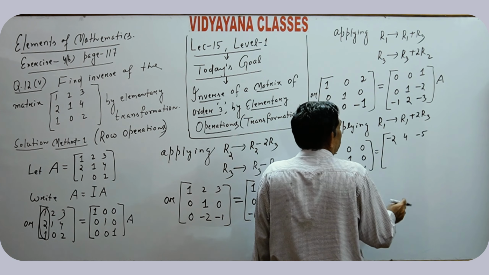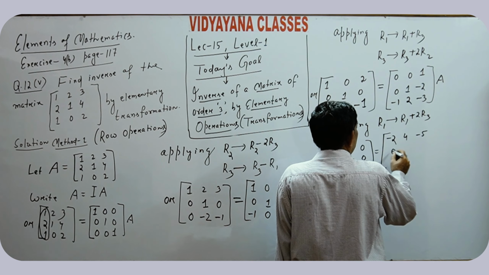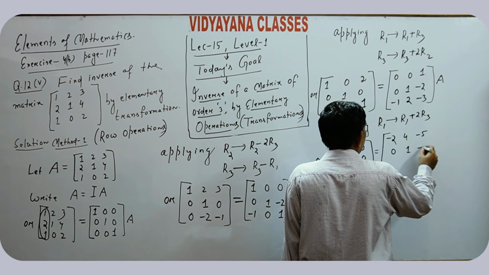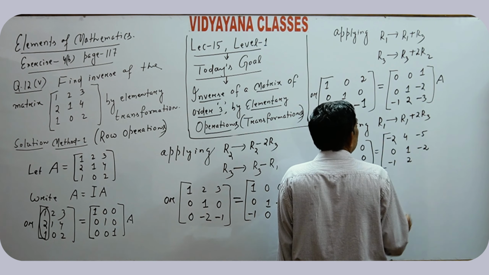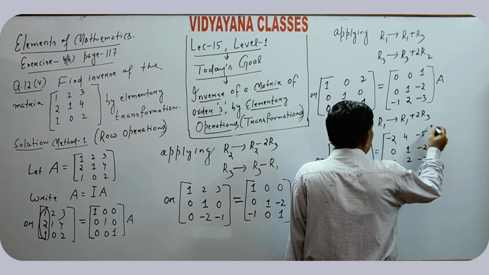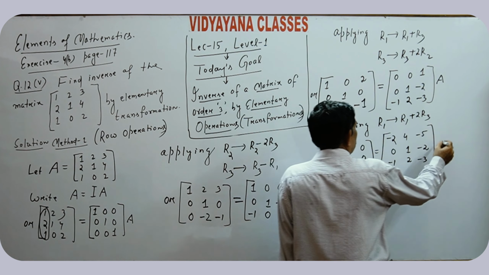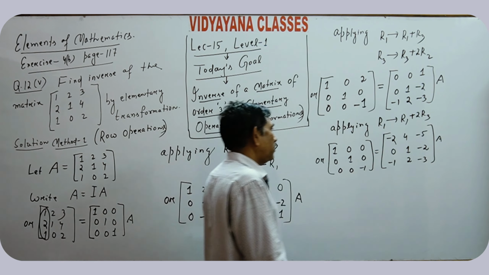There is no change of row 2 and row 3. 0, 1, minus 2, minus 1, 2, minus 3 into A. Clear?